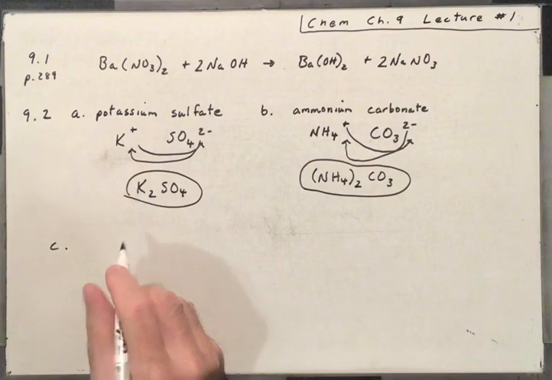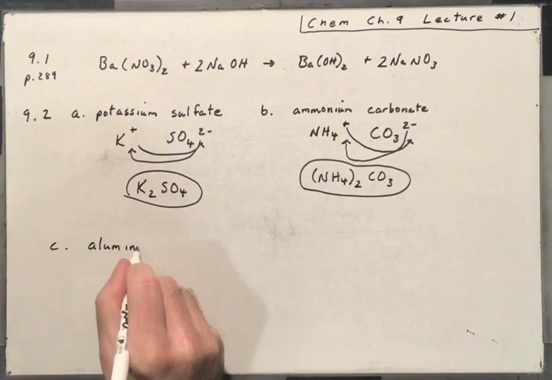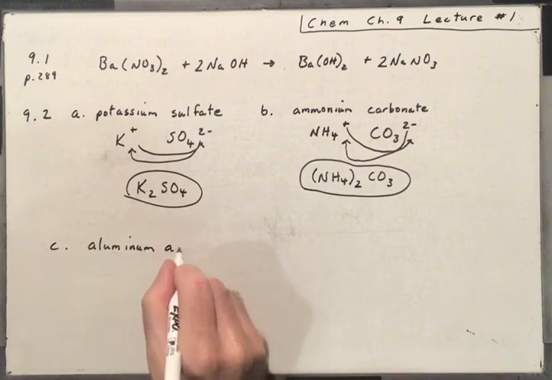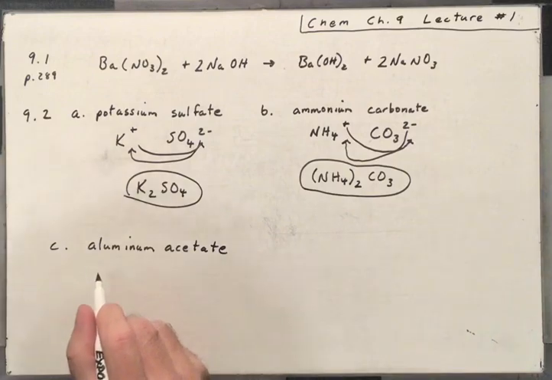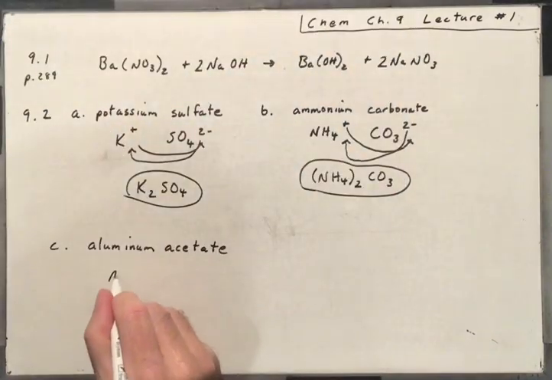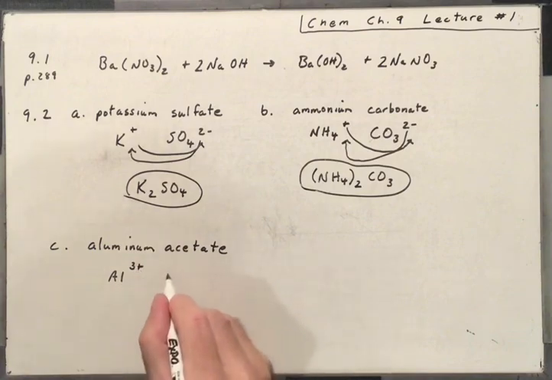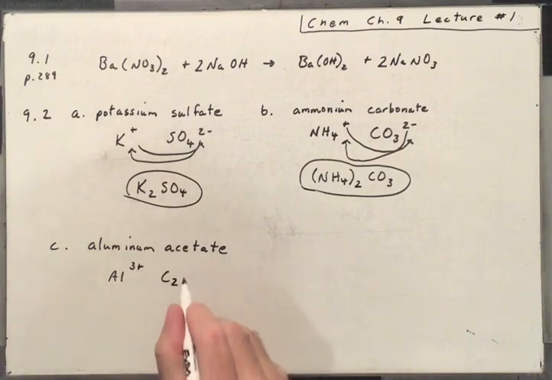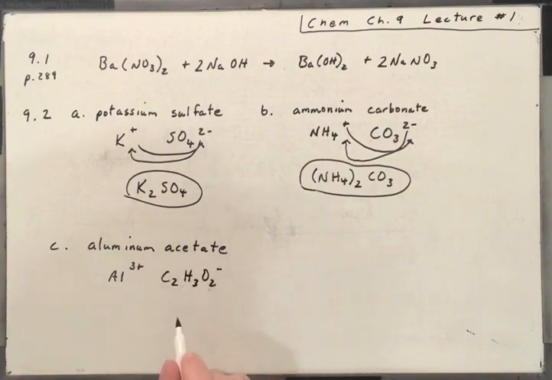All right, and C is aluminum acetate. Right, aluminum is in column 3. 3 valence electrons. It wants to lose all 3 since it's a metal, so that would attain a 3+ charge. Acetate is a polyatomic ion on the list on page 1 of your notes, C2H3O2-.